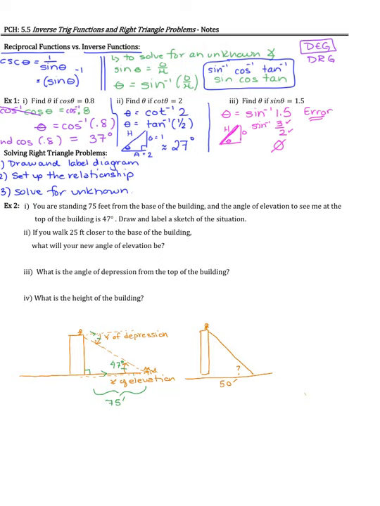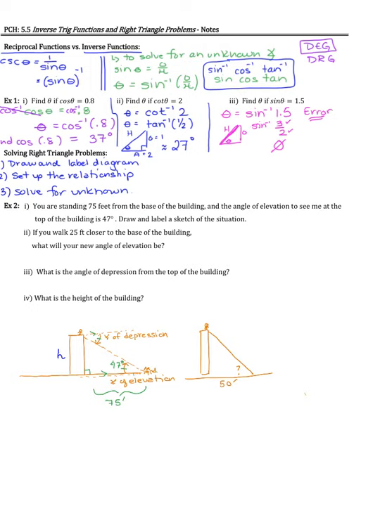So we are going to have to do a little bit of work on the other problem so we can translate it. On this first problem, I was 75 feet away and my angle of elevation was 47 degrees. That would allow me to find the height of the building, which is a constant. That height of that building is not going to change. All right, so that would be setting up the situation.